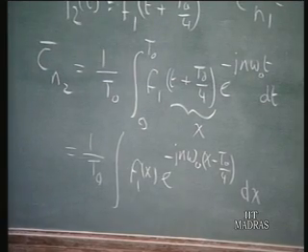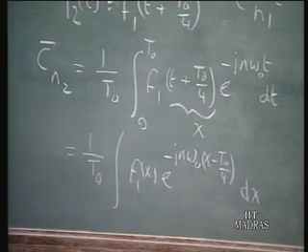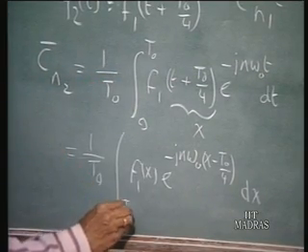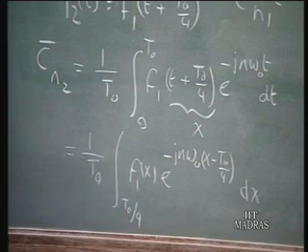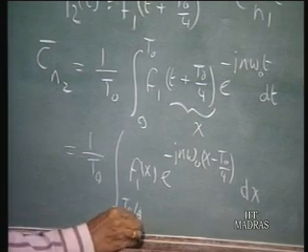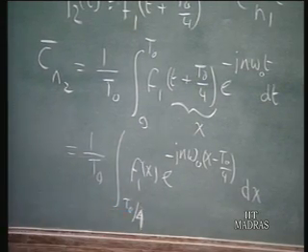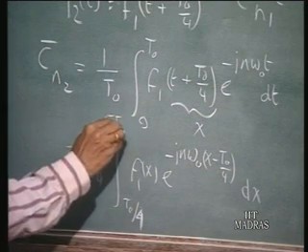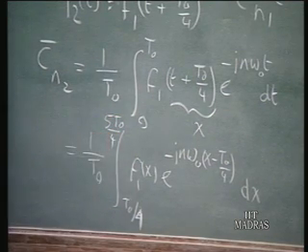And the limits of integration: when t equals 0, x will be t naught upon 4, and when t is t naught, x will be 5 t naught upon 4.